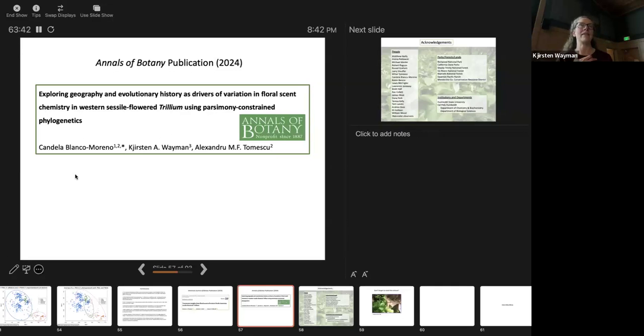I can't remember offhand how many or to what extent, but I'd say more often I've seen studies look at different species and show that they have different floral scents, or maybe different color morphs that might have different floral scents. One reason to do that is to see if there's a barrier to pollination. But there aren't many studies where they've tried to use floral scent to distinguish species.